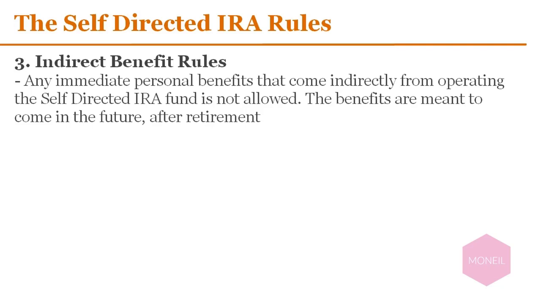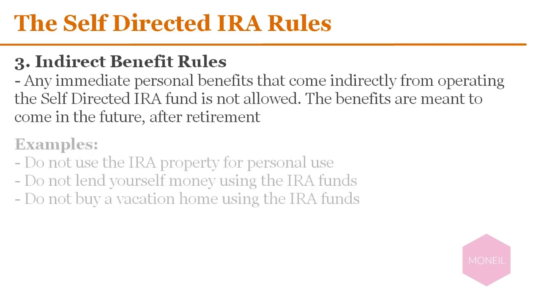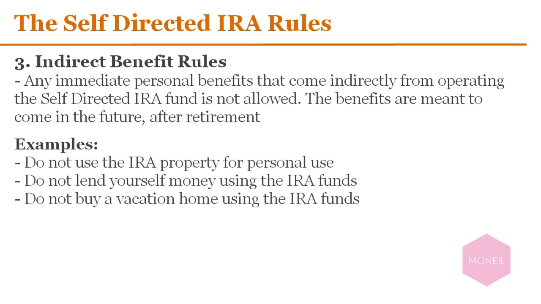Here are just a few types of indirect benefit transactions that are not allowed in a self-directed IRA investment. Personally using IRA property, such as using real estate purchased through your IRA as an office, as a personal residence, as a vacation home or retirement home or office space. That is a no.